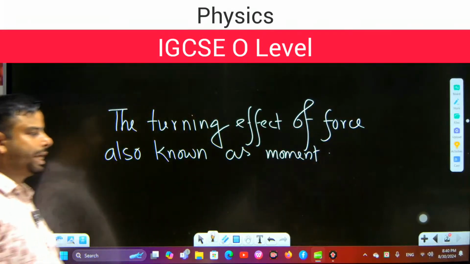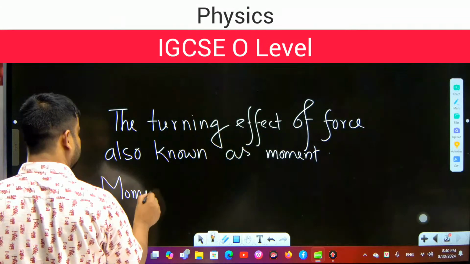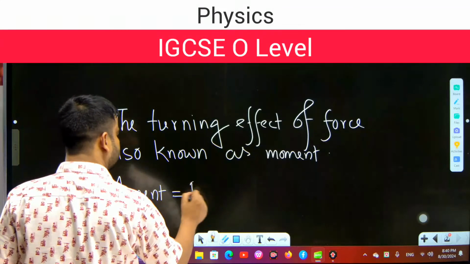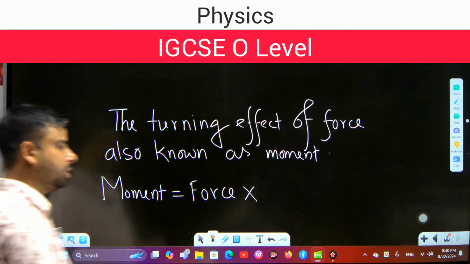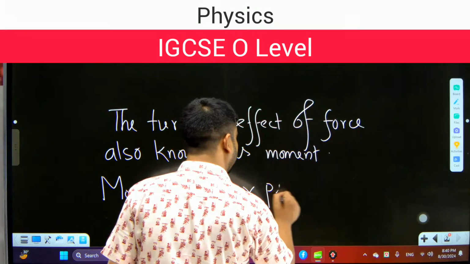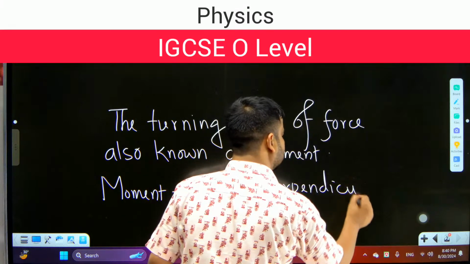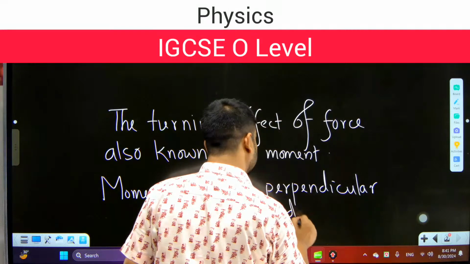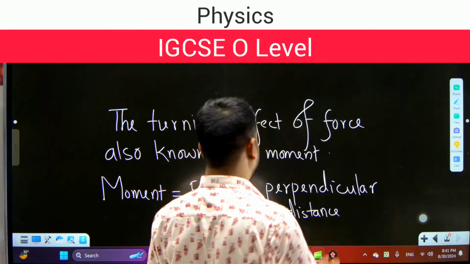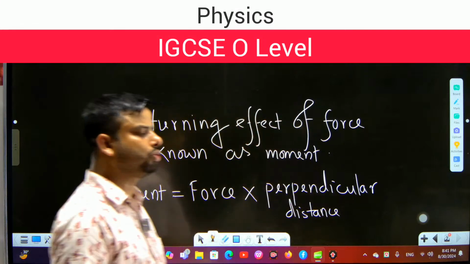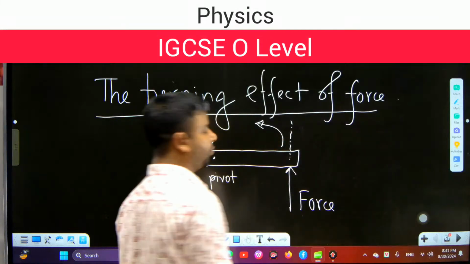So how can we calculate moment? Remember, moment equals force into the perpendicular distance from the line of action of the force to the pivot.